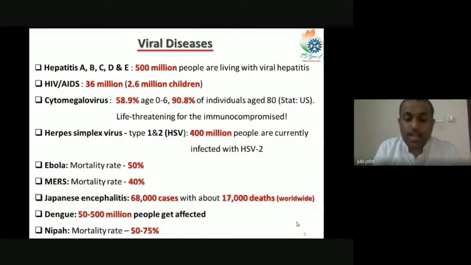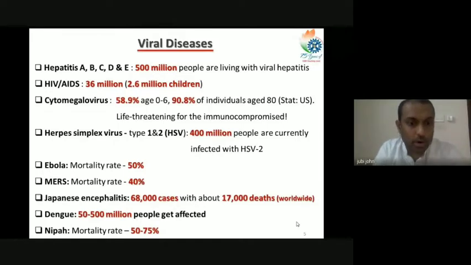HSV1, the herpes simplex virus 1 infection, is mainly recognized by the appearance of painful ulcers around the mouth area. It can also cause infection in the eye, brain, and also infection in babies. And herpes simplex virus 2 is characterized by the presence of painful ulcers on the genitals. And here again, I want to emphasize that there are no drugs which can cure this virus infection.